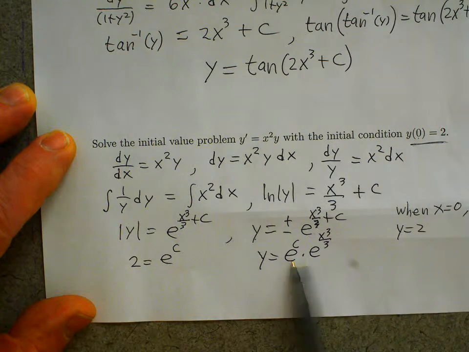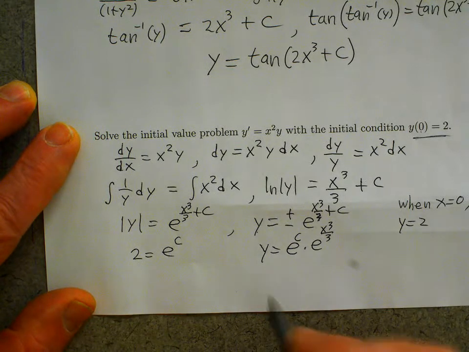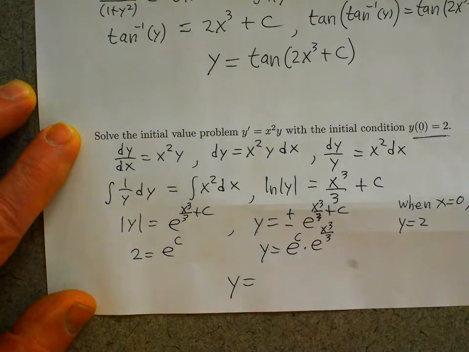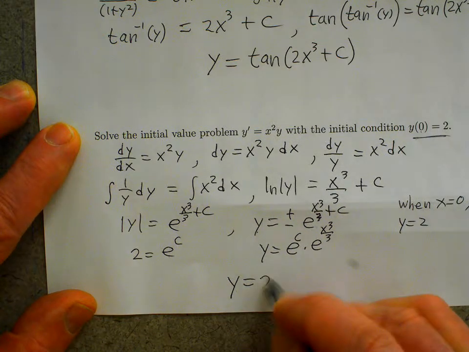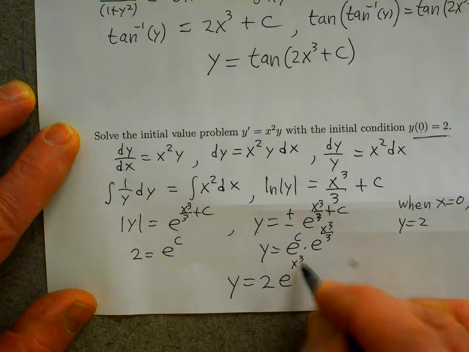When the bases are the same and you're multiplying, you add the exponents. But we now know that e to the c is 2, so our function that we want is y equals 2 times e to the x to the third over 3.